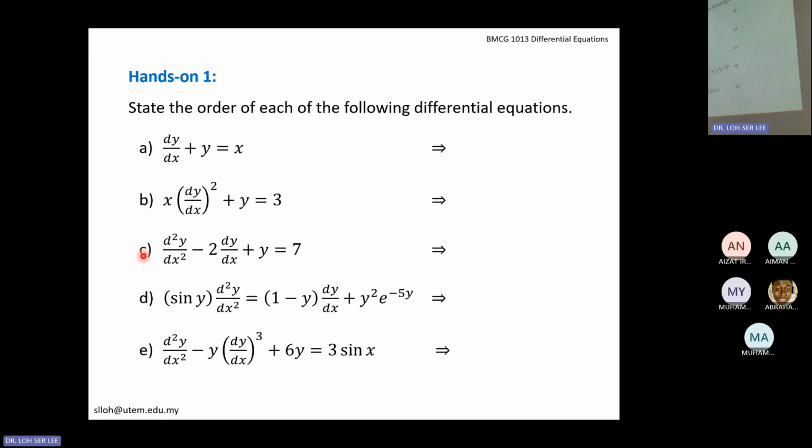C, linear. D, non-linear because of y square. And also the sine y, right? Because your x is independent variable, but this is not in x. This is also not in x. This is also not in x.